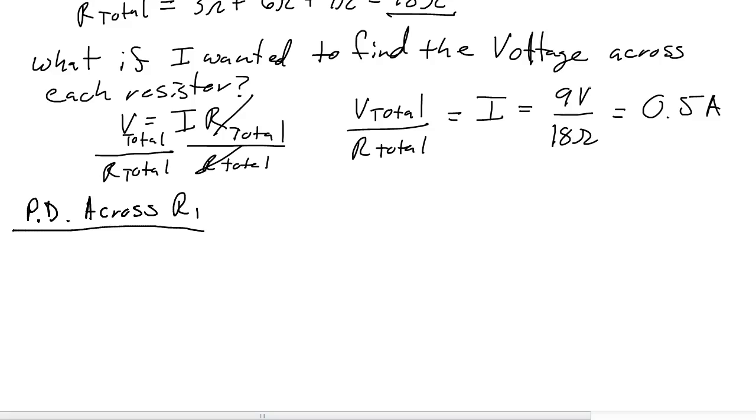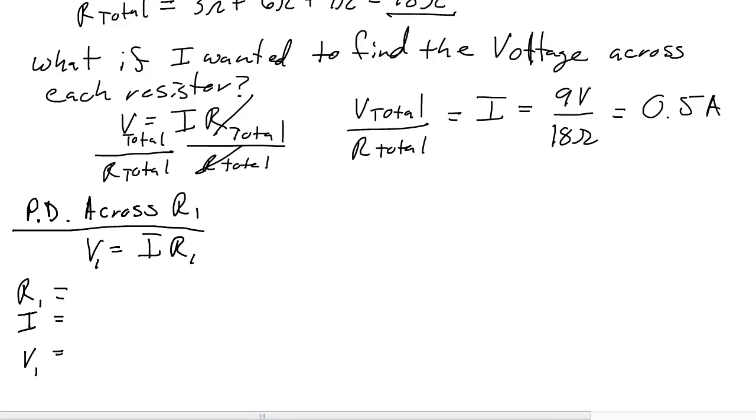We're going to use Ohm's law, which tells us that V is equal to IR, and in this case we're trying to find the voltage across the first resistor, and so we're going to use the resistance of the first resistor. So I need to figure out what R1 is, I need to find I, and I need to find V1.